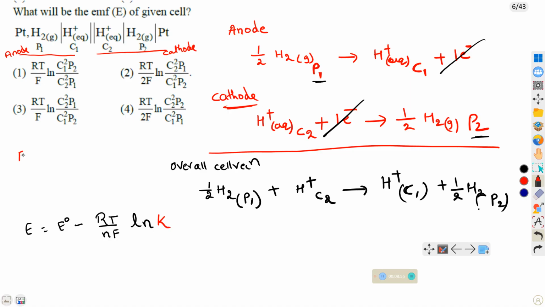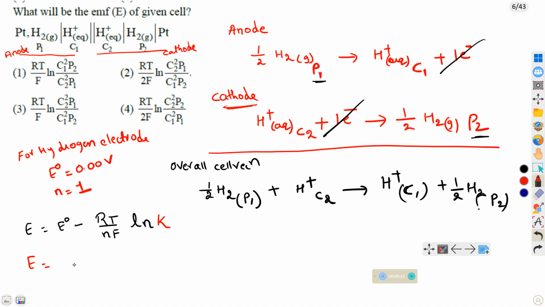We know that for hydrogen electrode, E naught cell value is equal to 0.00 volts, and N value is equal to 1.